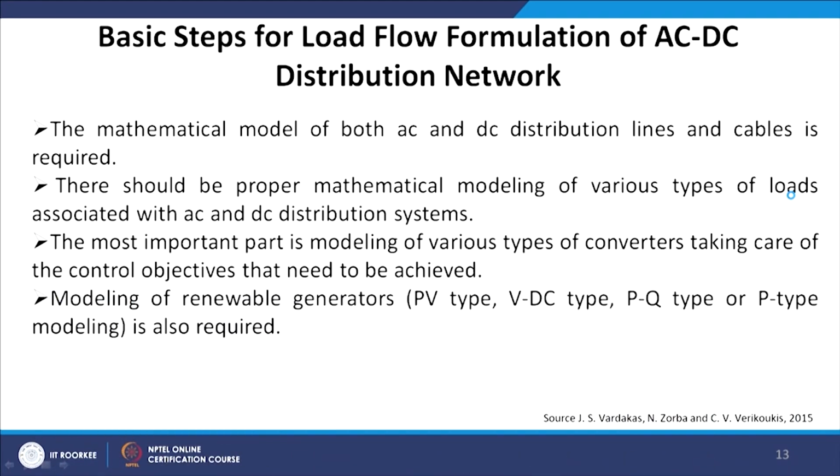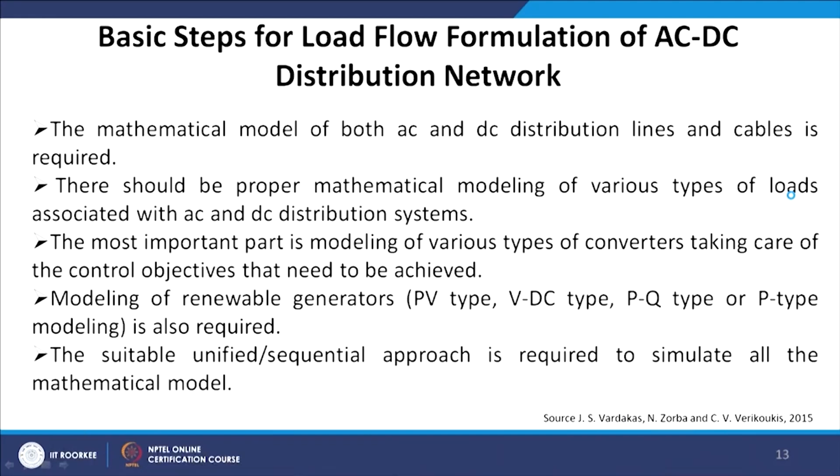Modeling of renewable generators like PV and wind, of PV type, VDC type, PQ type or P type, is also required to represent type 1, type 2, type 3 and type 4 DGs. And a suitable unified sequential approach is required to simulate all the mathematical models.